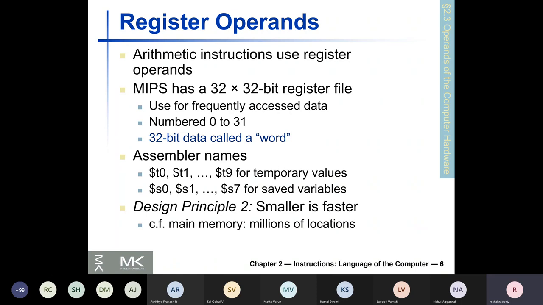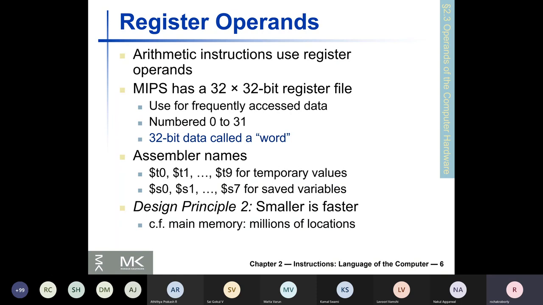This is a technical term. These are used frequently for data operations and writing code. These 32 registers are numbered from 0 to 31.